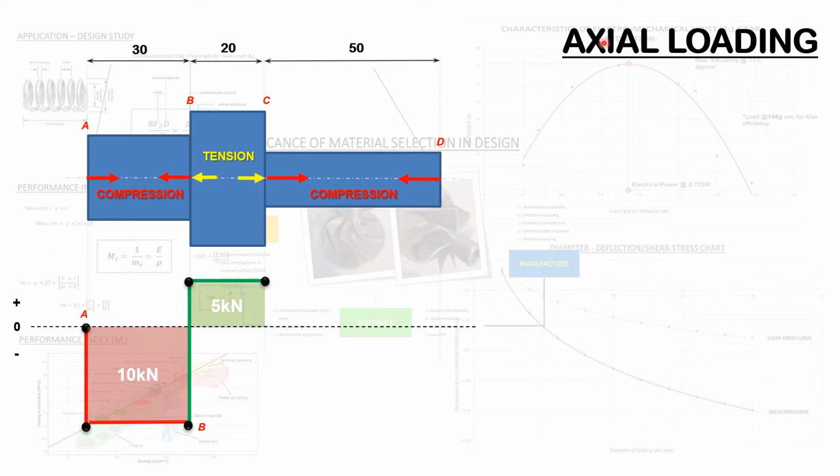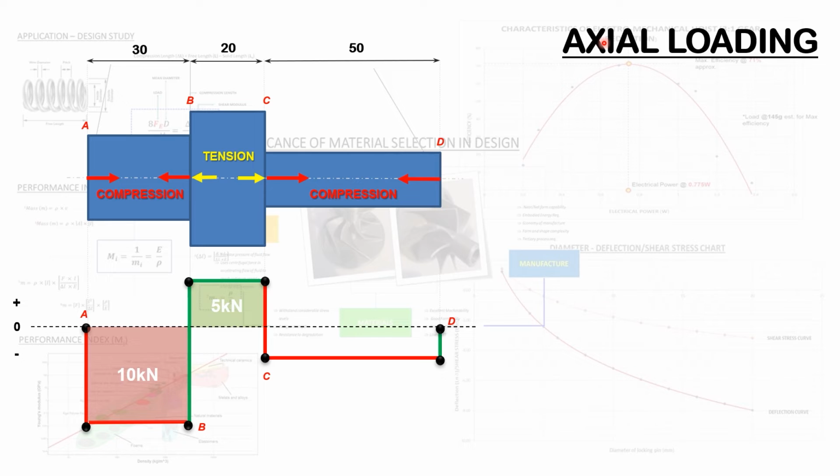So when we get to interface C, we've got the 7 kilonewton force there, and the net difference will be minus 2 kilonewtons, which indicates that section CD will be in compression.